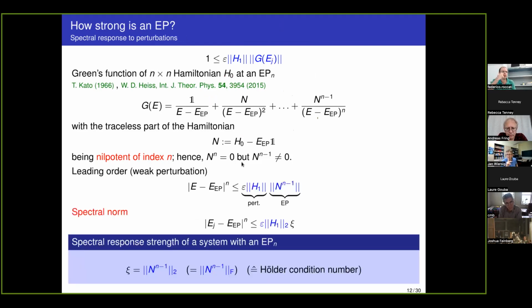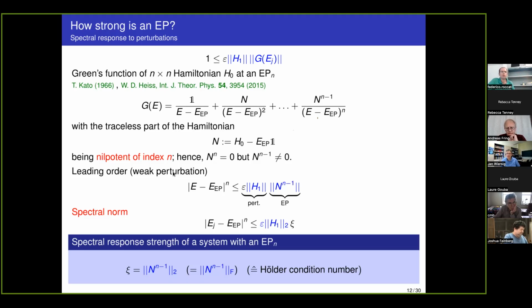If you have an exceptional point, then of course it's nilpotent. But is it true also the other way around? Can you have a nilpotent matrix also with other eigenvalues which are not exceptional points? Can the expansion truncate for other cases?